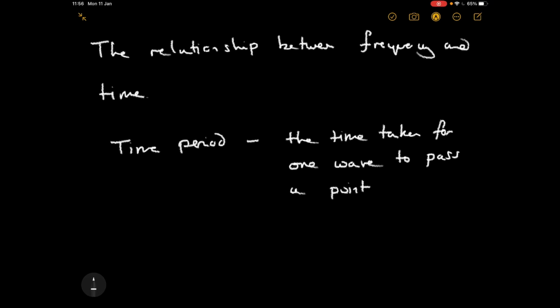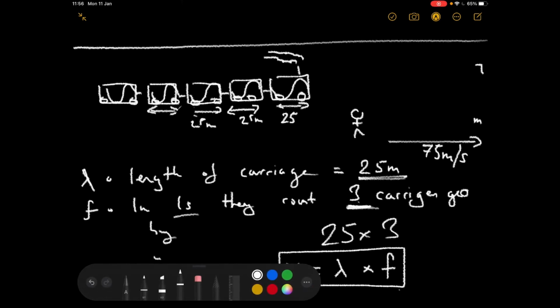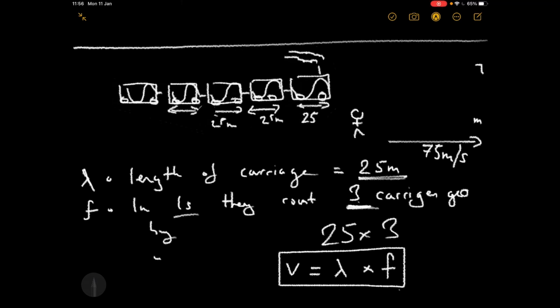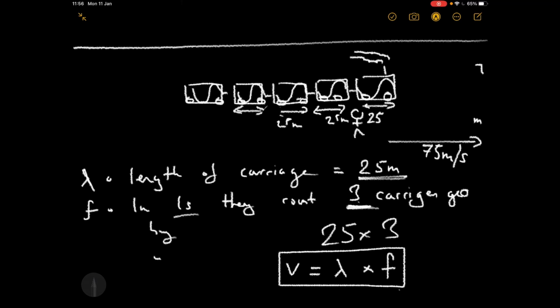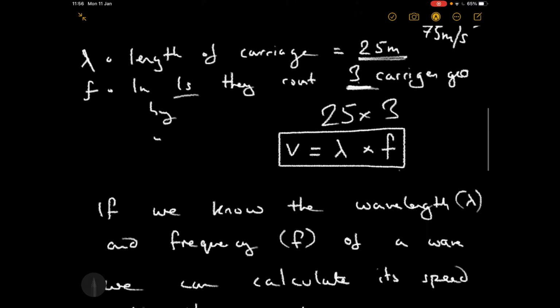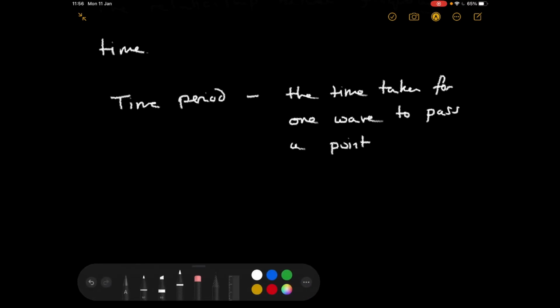If we go back to our little example, if this person, rather than timing for 1 second, was just timing how long it took for one of them to go by, they'd start their stopwatch and then stop it, and they would have a time for one wave to go by. And that's measured in seconds.